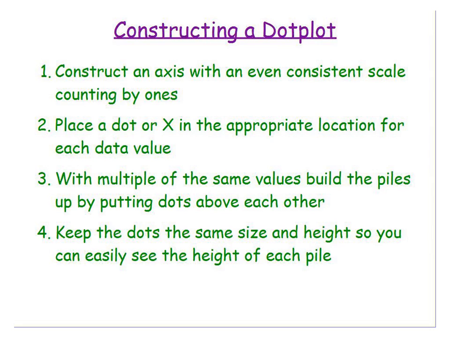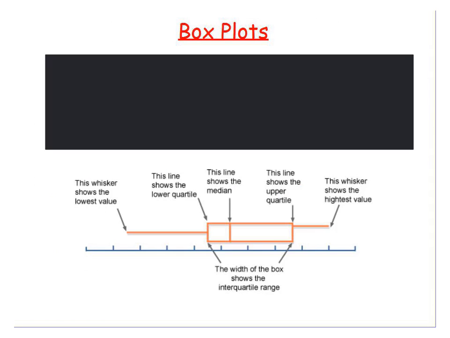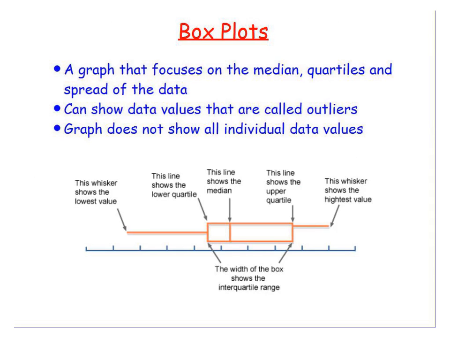All right, one last graph that we need to discuss, and that is a box plot. This one you may or may not have made before. A box plot is a graph that focuses specifically on the median, the quartiles, and the spread, which is your maximum and minimum.